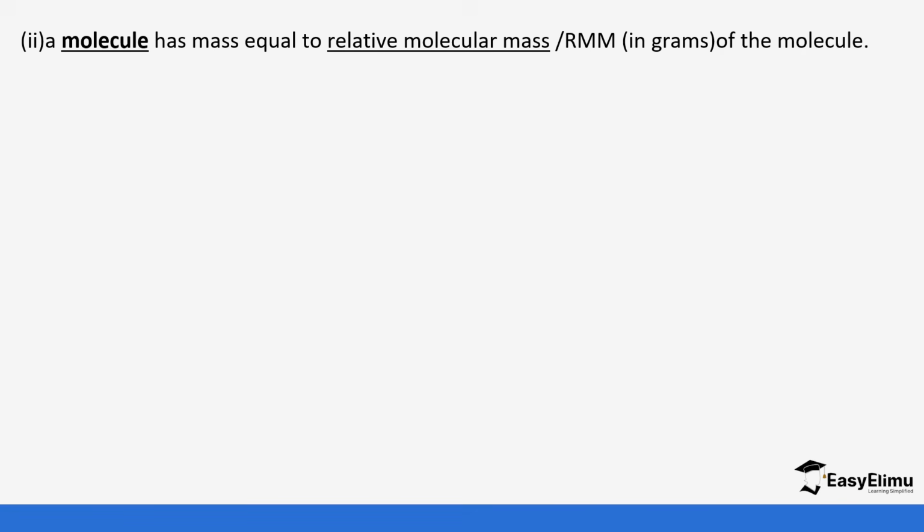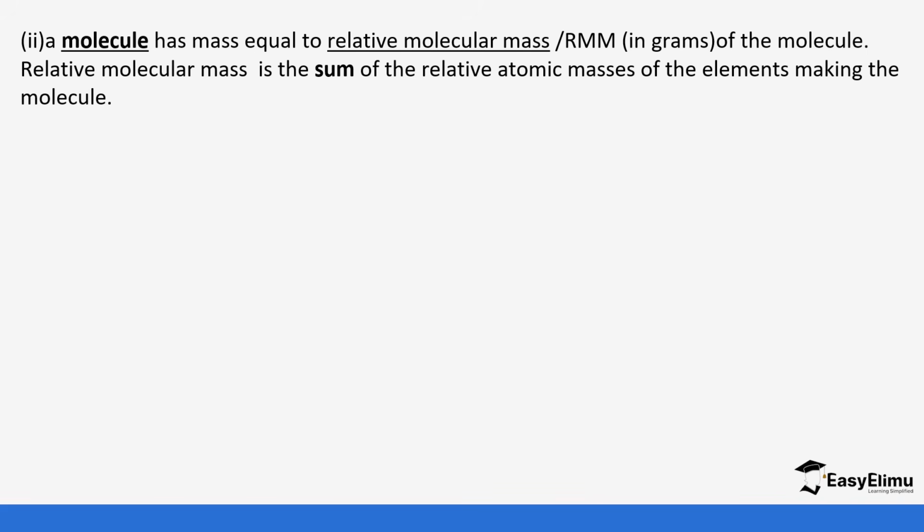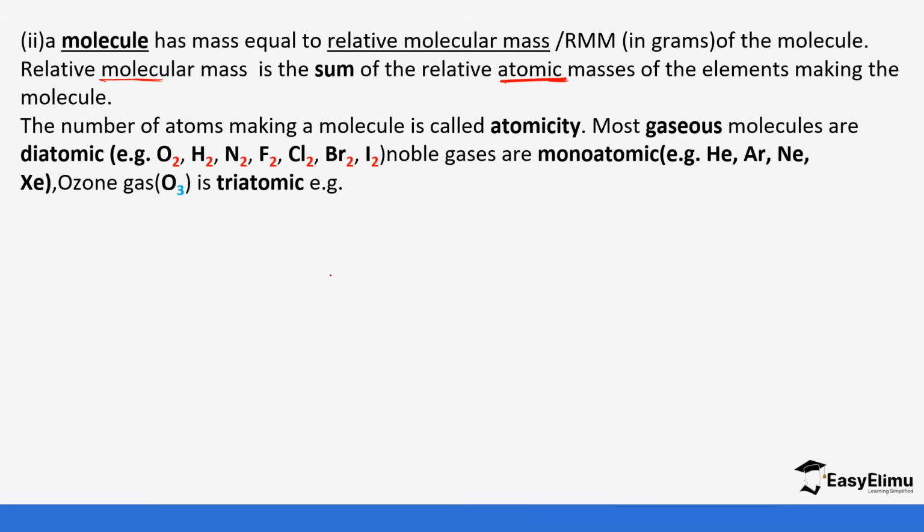A molecule also usually has a mass referred to as relative molecular mass, or RMM. The relative molecular mass is the sum of the relative atomic masses. You see from the word atom, if you take the atoms in the molecule and add their masses, you get the relative molecular mass. The number of atoms making a molecule is referred to as atomicity, which we are going to look at later on again.